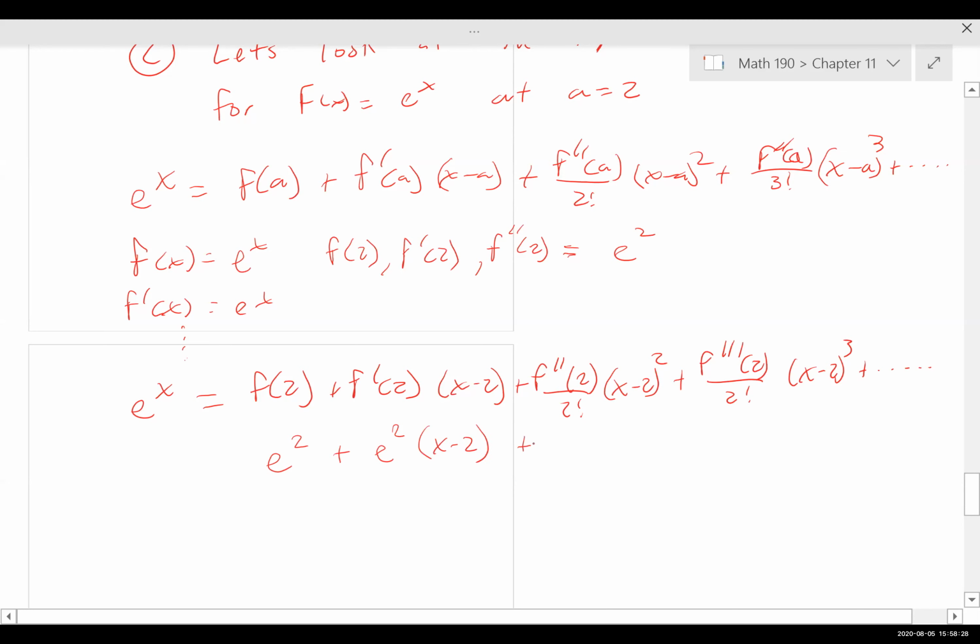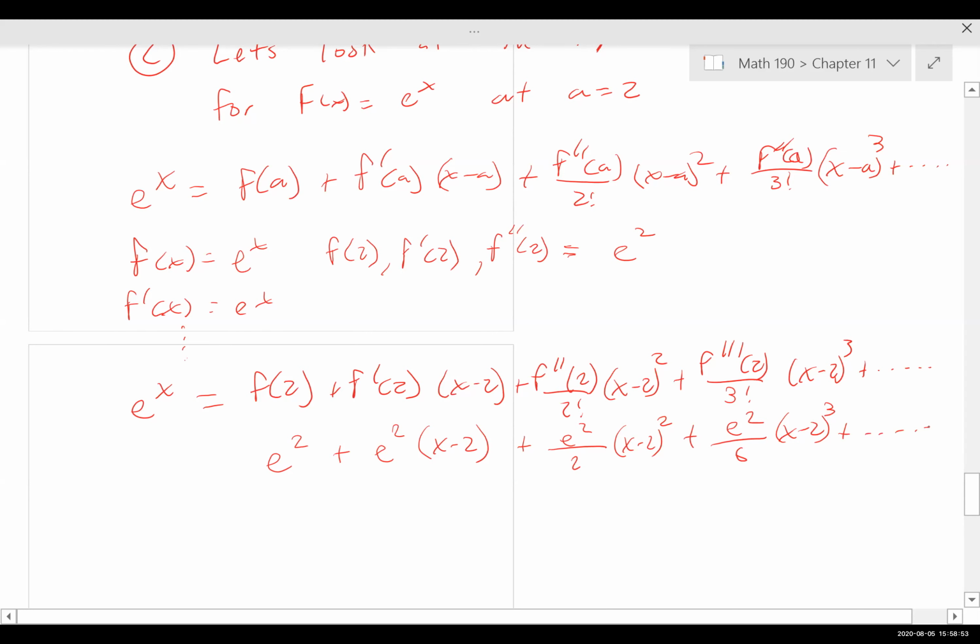Plus e squared over 2 factorial, which is 2, times x minus 2 squared. Plus e squared over, oh, this is a 3 factorial, sorry, 3 factorial, which is 6, times x minus 2 cubed, plus dot, dot, dot.